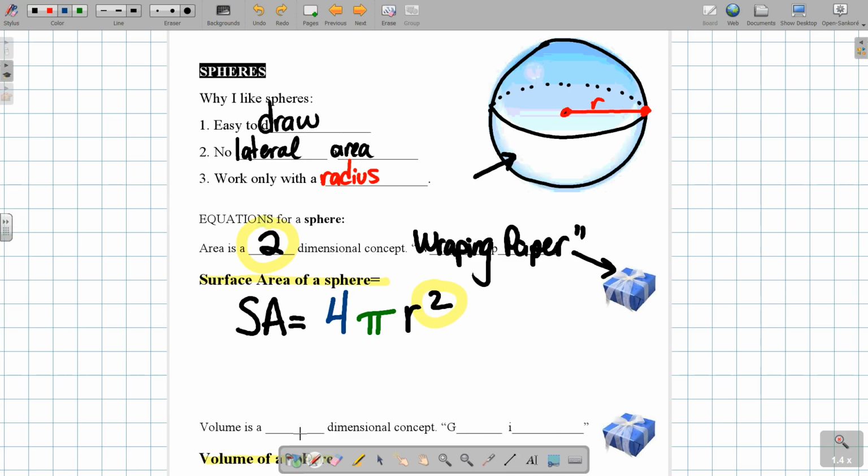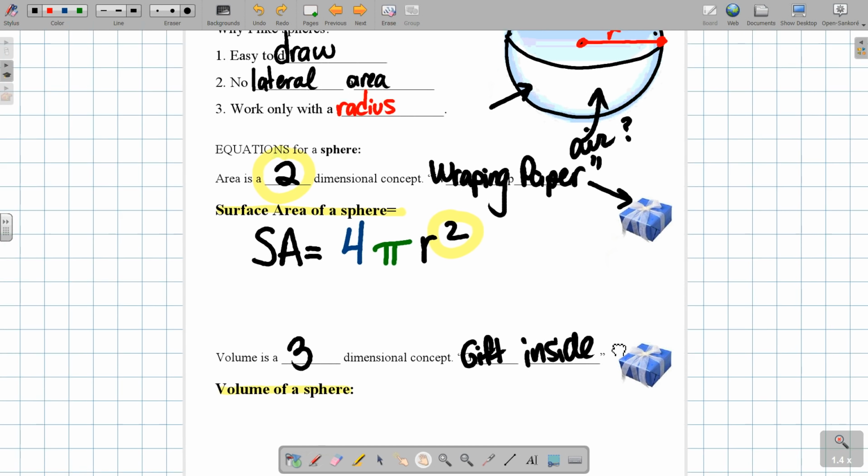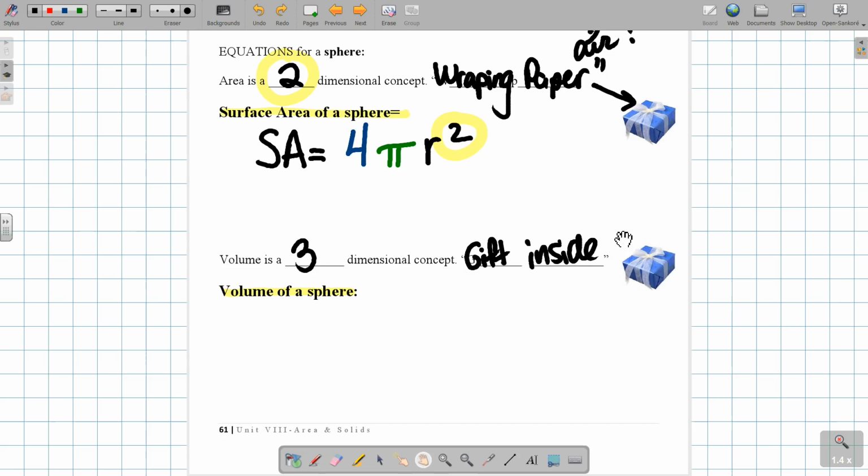Now, volume, if I wanted to figure out how much air goes inside the basketball, that would be volume. Volume is a 3-dimensional concept. Back to our gift analogy, it's not the wrapping paper, it's the gift inside. To find the volume of a sphere, you're going to start with r cubed.